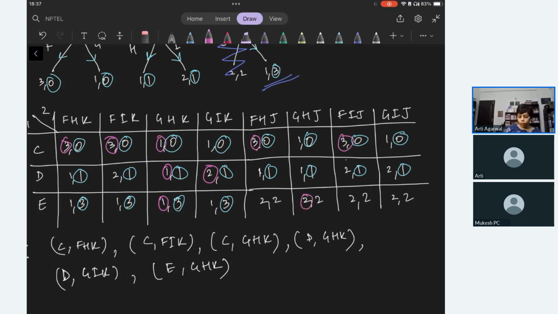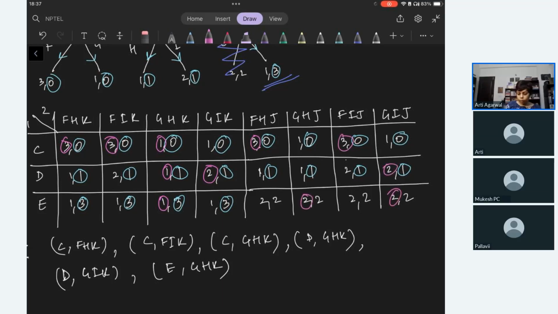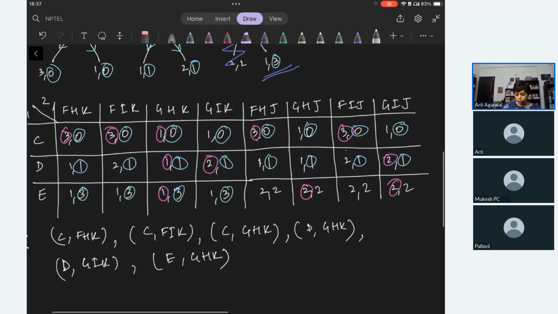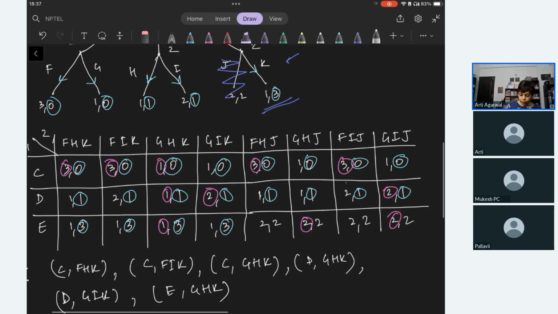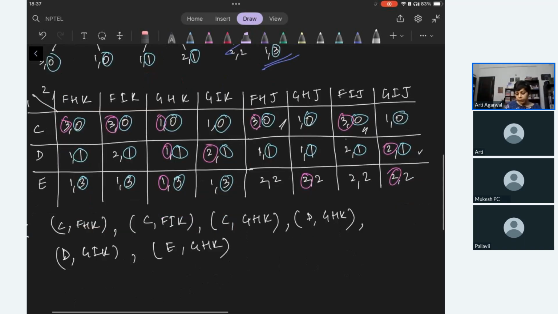I've just marked more best responses of both the players, 1 and 2. Now see, in this part of the table, let me just highlight it. Any of these Nash equilibria which you get are not subgame perfect, because the strategy J never gets played, right?